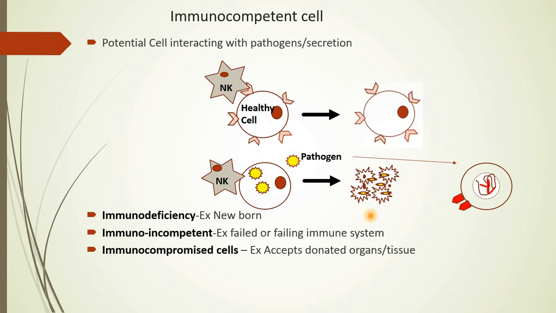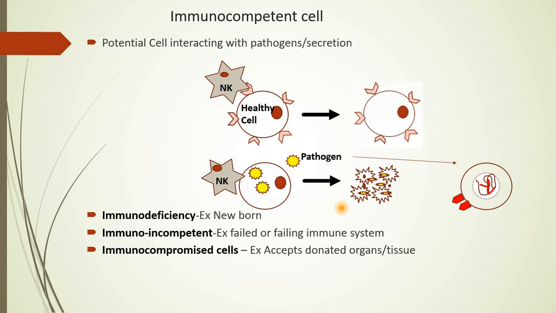Therefore, in such cases, the immune system fails to recognize the pathogenic cells or the infected cells, and therefore the pathogen flourishes. The best example is AIDS, which we say is acquired immunodeficiency syndrome.